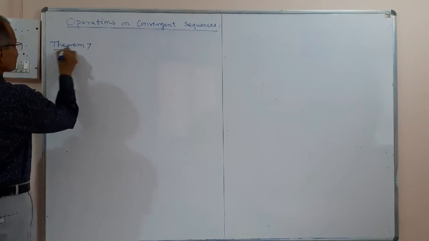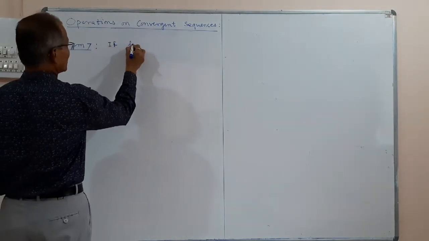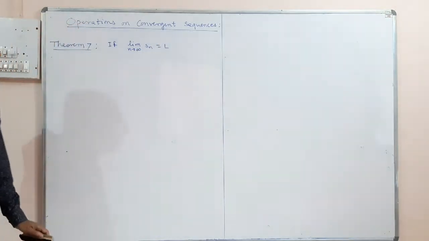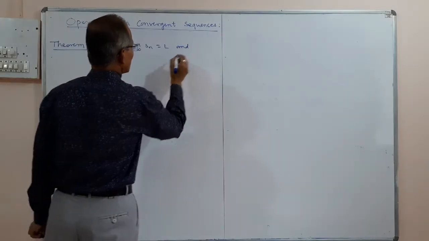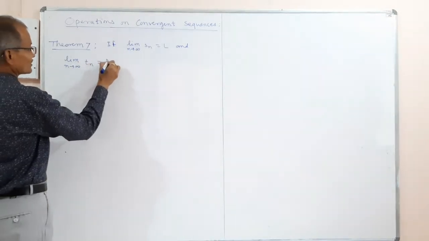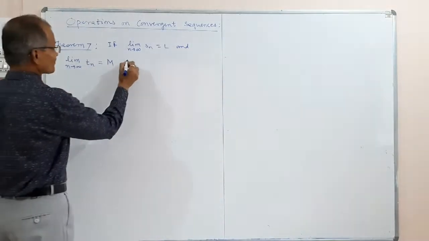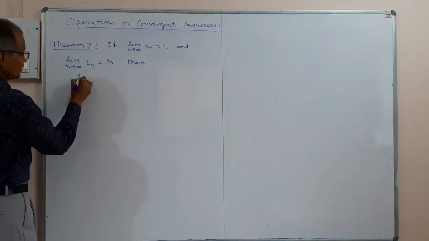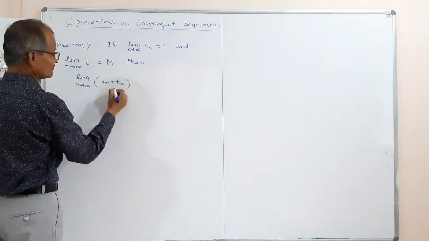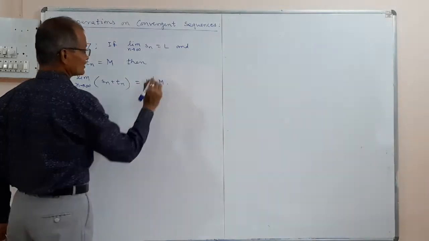This is Theorem 7. If Sn converges to L, or if limit n tends to infinity of Sn is equal to L, and limit n tends to infinity of Tn, the second sequence, converges to M, where T1, T2, etc. are the terms of this sequence, then the limit as n tends to infinity of Sn plus Tn, this sequence, is L plus M. So this is our first result.